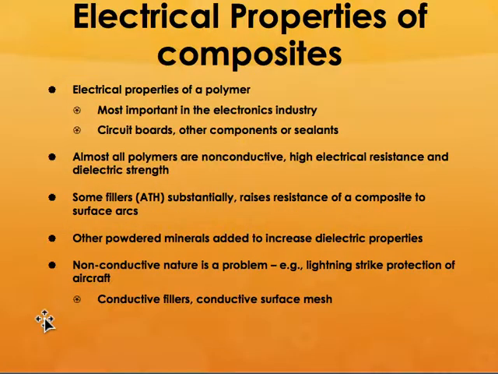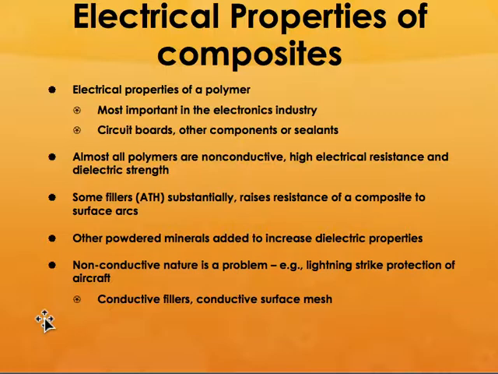The other properties that we are interested in is electrical properties of composites. And this is especially important in the electronics industry. So, you want to have dielectric properties, or you want to have some kind of a specific property, and that's because you want to use them as the board for creating electronic substrates.